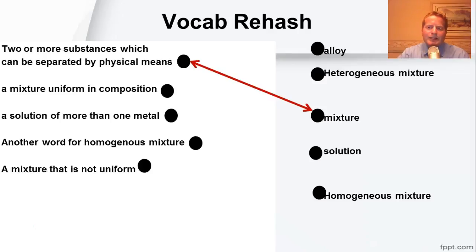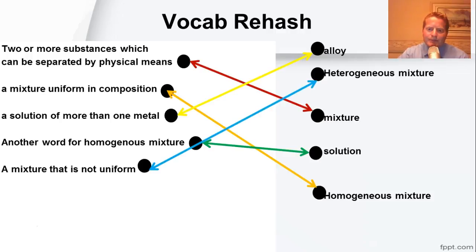A mixture uniform in composition, that would be a homogeneous mixture. A solution of more than one metal, an alloy. And another word for a homogeneous mixture is a solution. And then finally, a mixture that is not uniform, it's not the same throughout, would be a heterogeneous mixture.